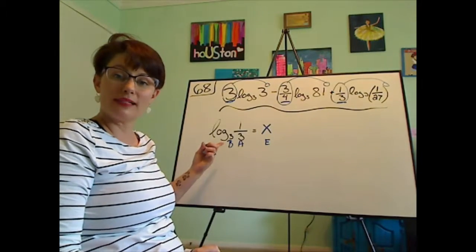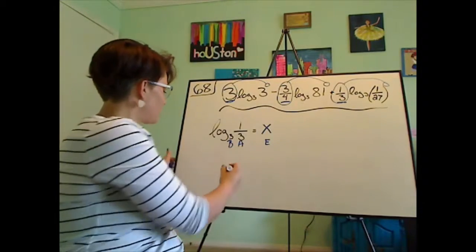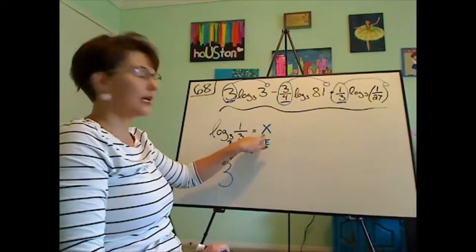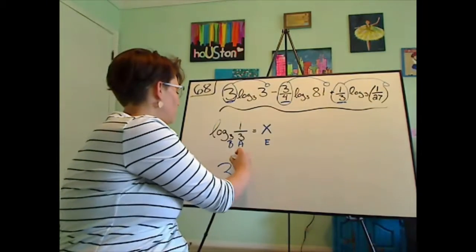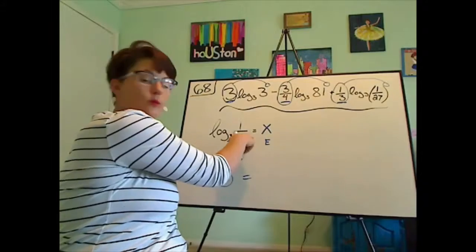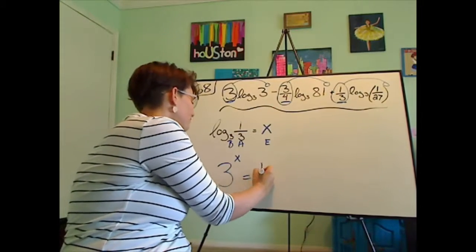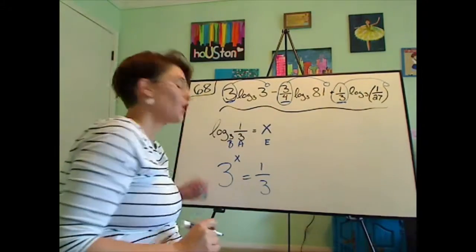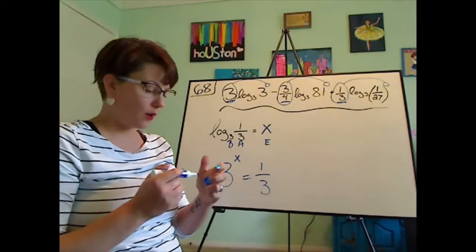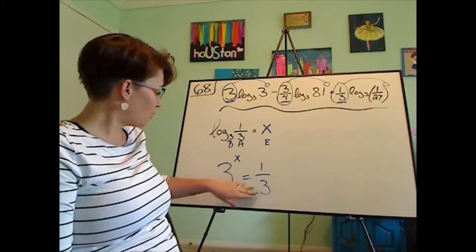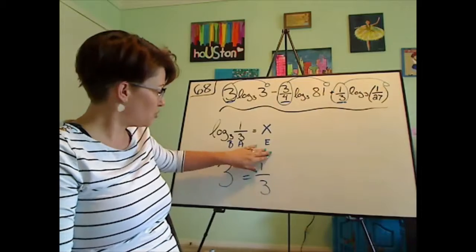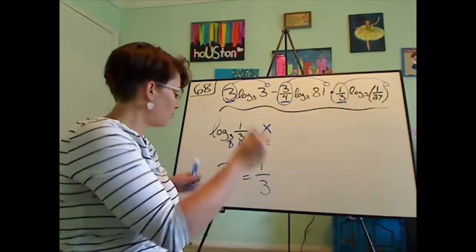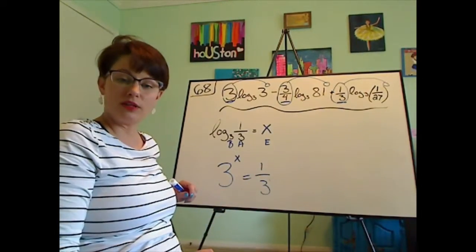So let's rewrite this into exponential form. So we got a base of 3, an exponent of we don't know, and an argument of 1/3. We could do common bases to figure out what x is. So if I wanted to bring this 3 up into the numerator, right now it's like 3 to the first.